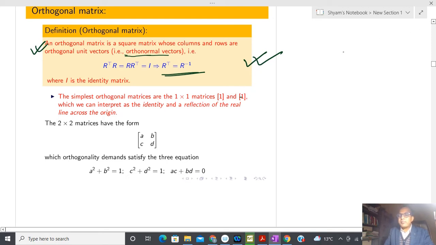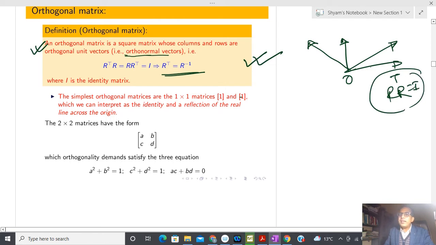If I have a 2 dimensional quantity and the axis is rotated, the same matrix comes into the picture, R transpose R equal to identity, so I can correlate this with this construction. From the definition, whenever a matrix is an orthogonal matrix, I hope that you are already well aware of that.